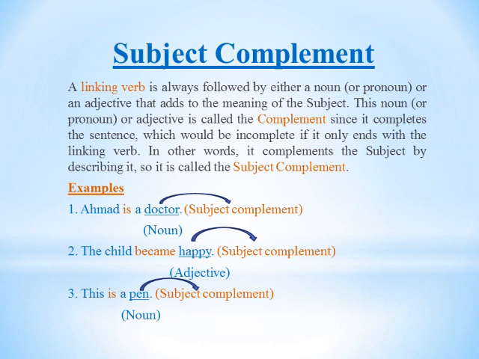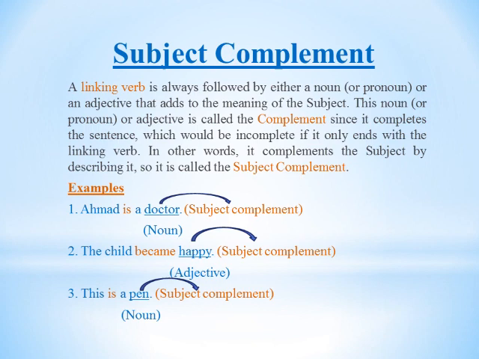Let's see the example sentences. Ahmed is a doctor. In this sentence, is is the linking verb, whereas doctor is the noun that modifies the subject Ahmed. Doctor, therefore, is the subject complement in this sentence. Example sentence number 2. The child became happy.